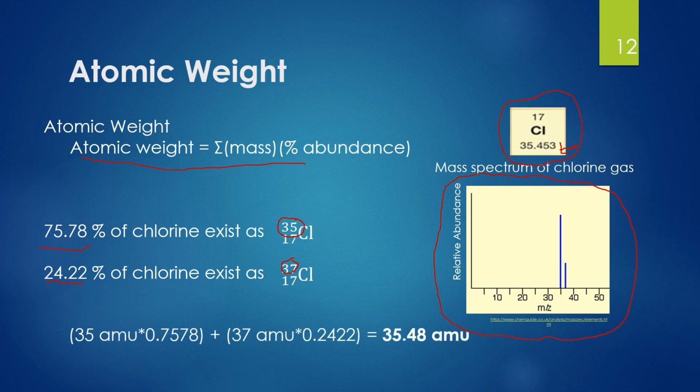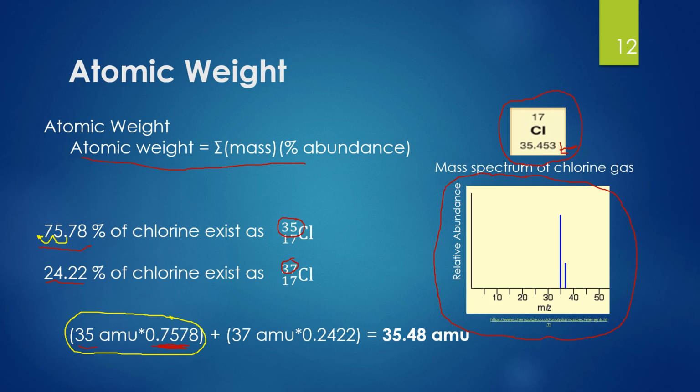So to do this, we take the mass of 35, multiply it by the abundance, and notice the abundance is not in a percent. So we change it from a percent to a decimal, and if you don't know, in order to change a percent to a decimal, you just move the decimal place 2 times to the left. So that's how they got 0.7578. So this is representing the chlorine 35 isotope.